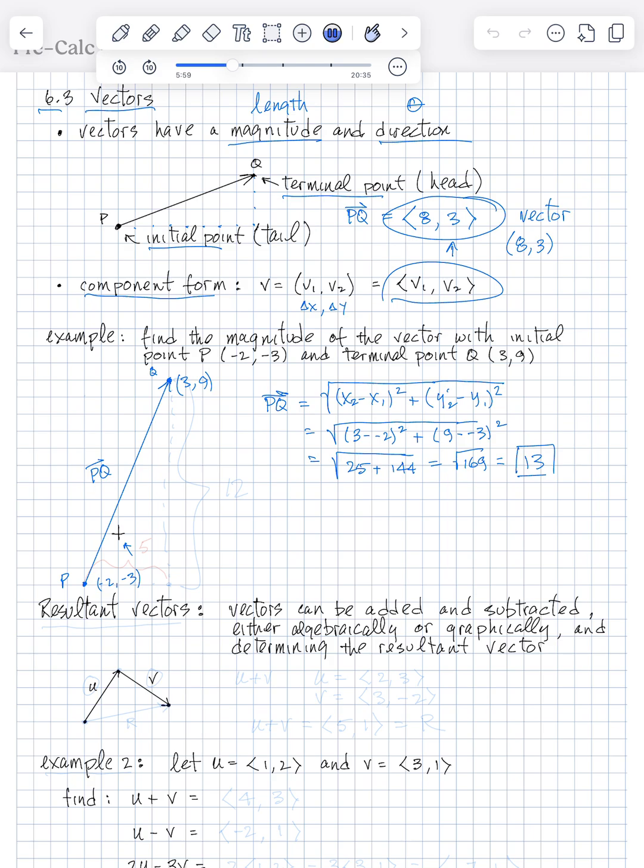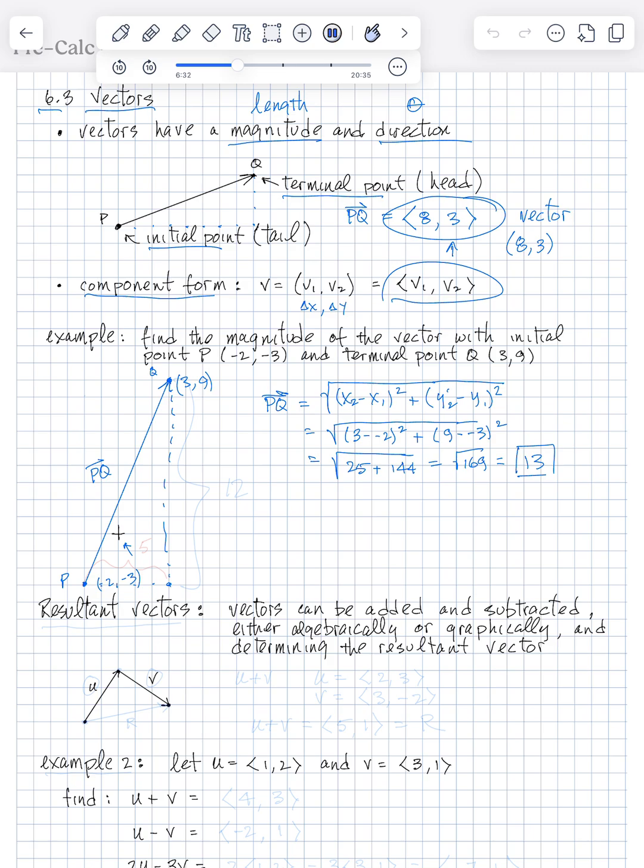Now, another way to do it is just graphically. You can count the squares. In the x direction, 1, 2, 3, 4, 5, so we have 5 over, and then we go 12 up. We didn't draw that very prettily, but you get the idea.